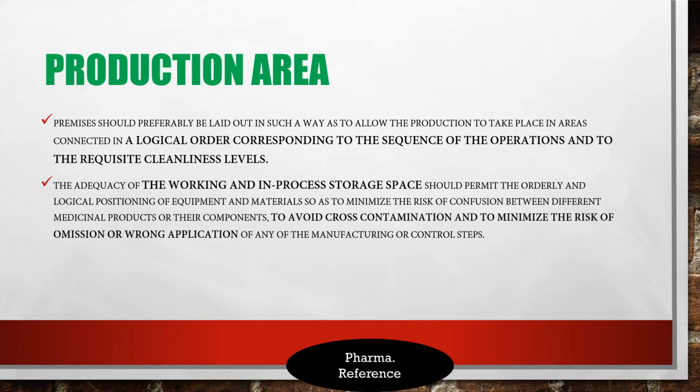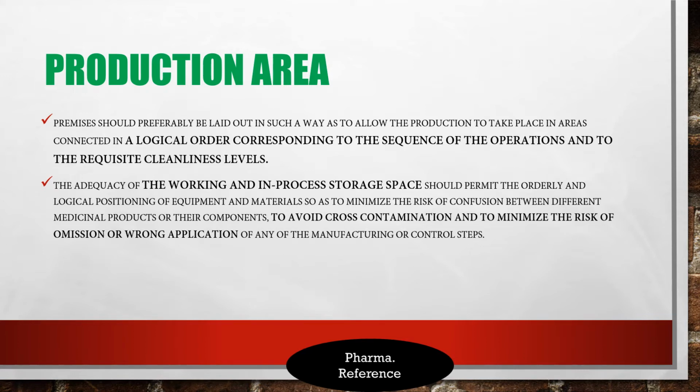Production area. Premises should preferably be laid out in such a way as to allow the production to take place in areas connected in a logical order corresponding to the sequence of the operations and to the requisite cleanliness level.